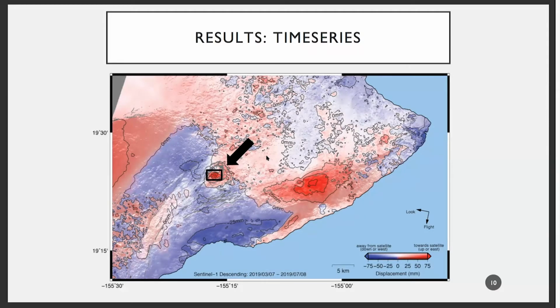How do you choose your reference point? Normally you choose a reference point which is supposed to be very stable, with no deformation.